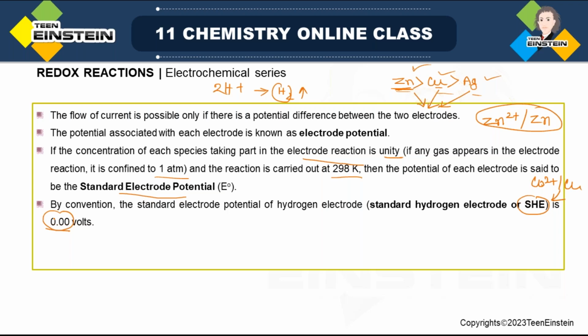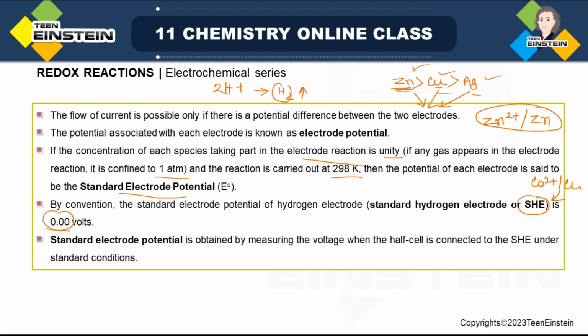Suppose you are comparing two systems. From the values, you will be able to predict which system has more tendency for reduction. So the standard electrode potential is obtained by measuring the voltage when the half cell is connected to SHE, under standard conditions, and its value is 0. Whatever other species you connect with it, we can get the value from the voltmeter.